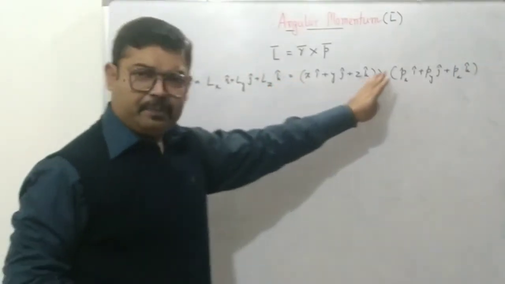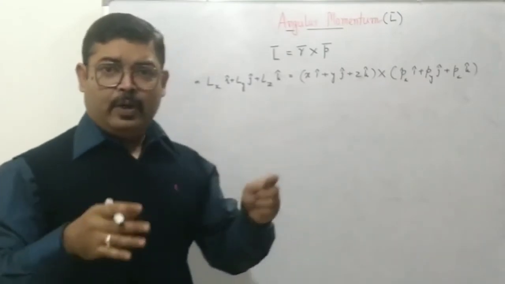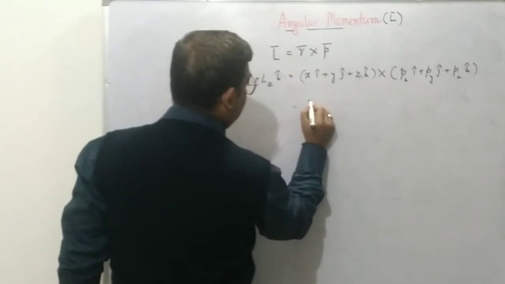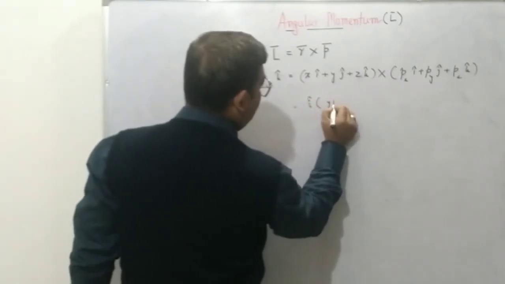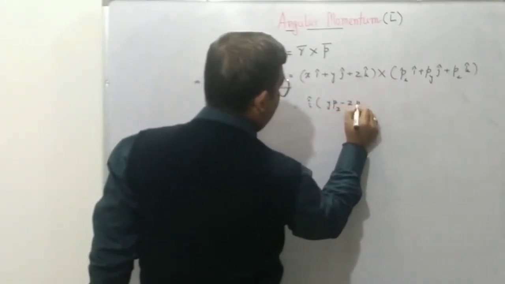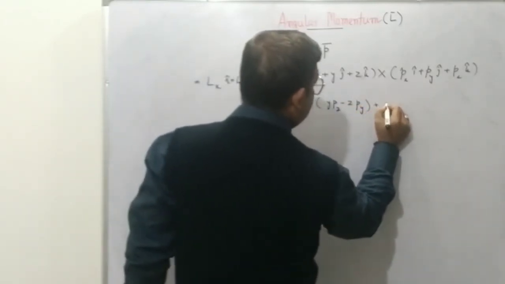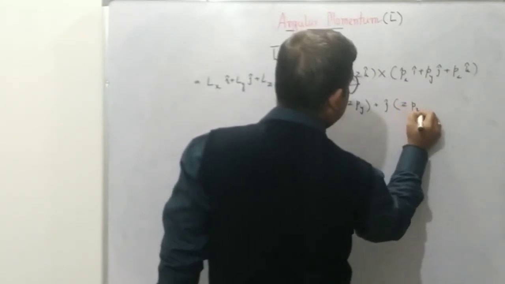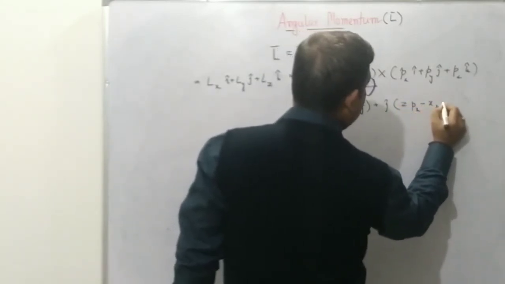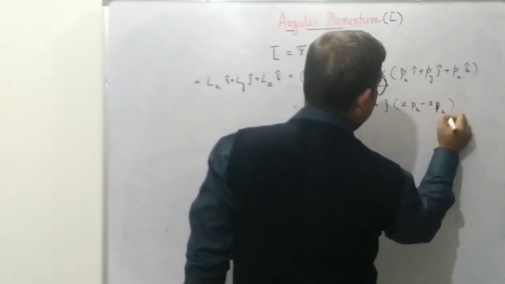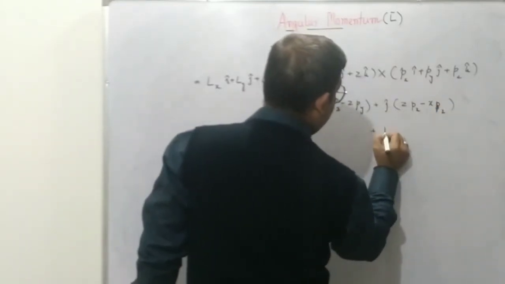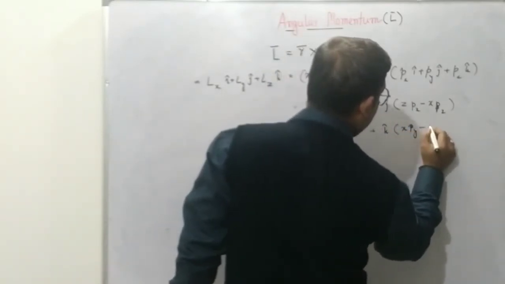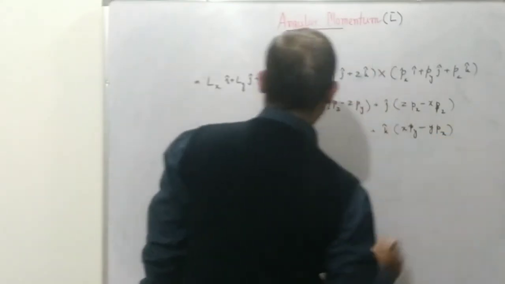If you undertake the cross product by forming the determinant and finding the values, what you will find is i cap multiplied by (y pz minus z py), plus j cap multiplied by (z px minus x pz), plus k cap multiplied by (x py minus y px).